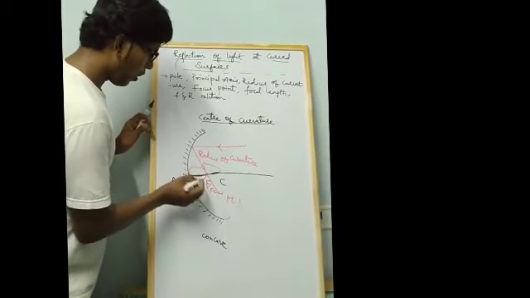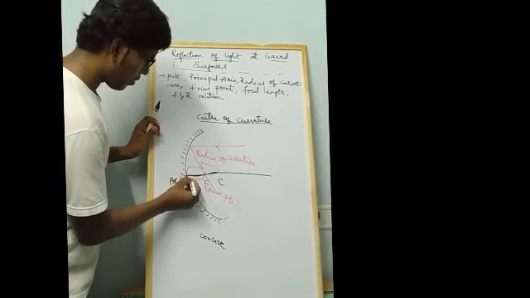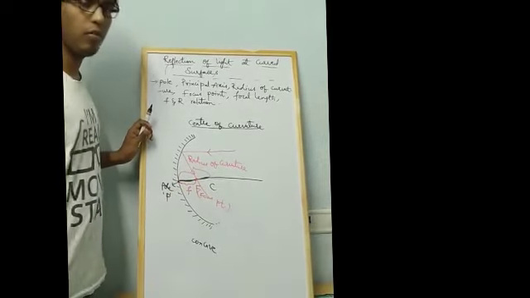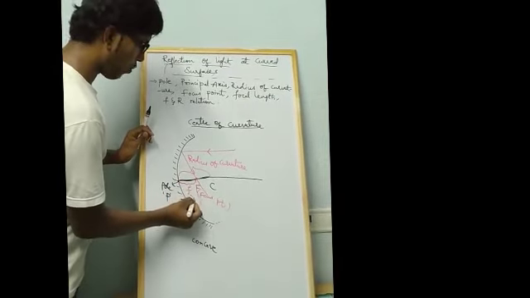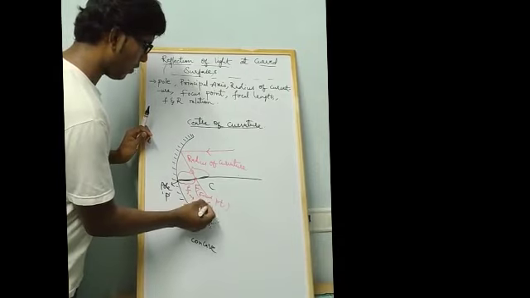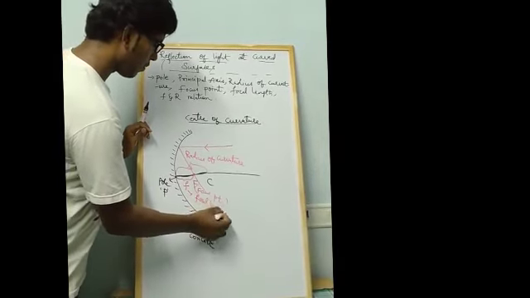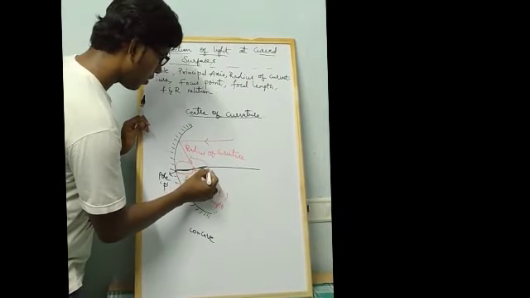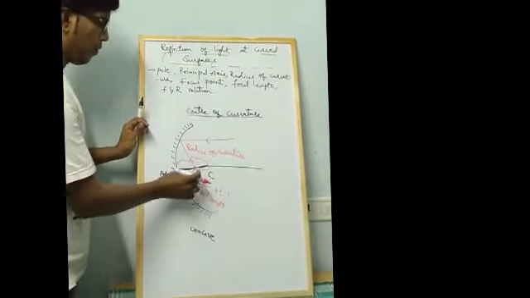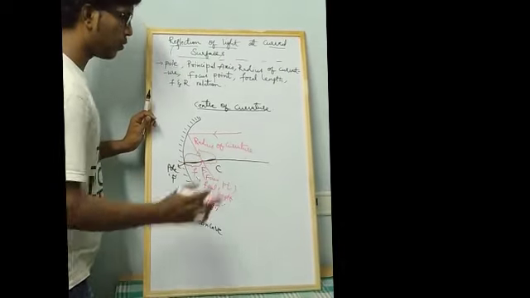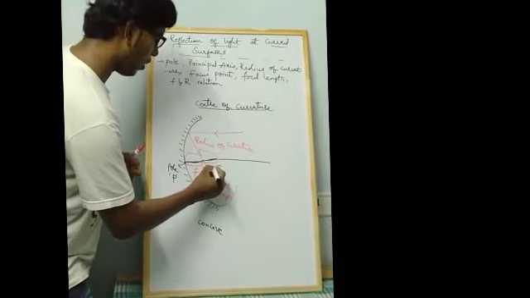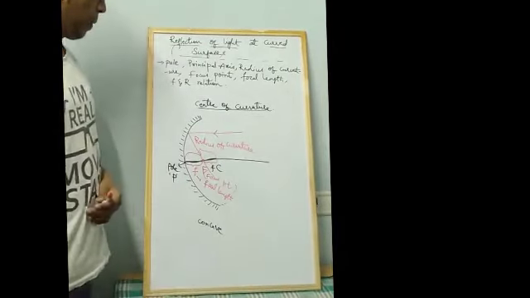Now if you observe, the distance between the pole and the focus is denoted with a small f, and that small f is called the focal length. Similarly, the same distance from the focus point to the center of curvature is also called the focal length.